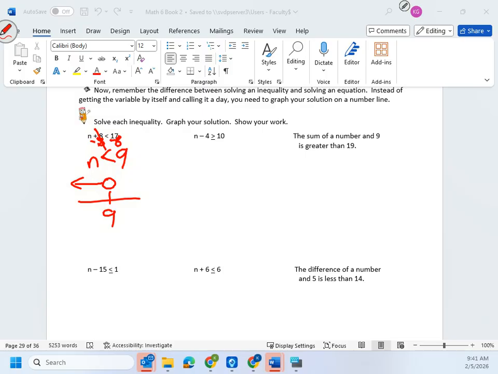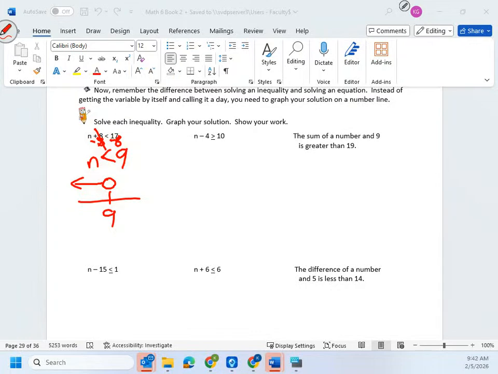So, for the first two, they give us the inequality statement. That last one, what do you think is the first thing we have to do? The sum of a number and 9 is greater than 19. What do you think we have to do with that? We can't solve it yet. What do we have to do before we can solve it? Jackson? Opposite operation. What do we have to do before we can do opposite operations?